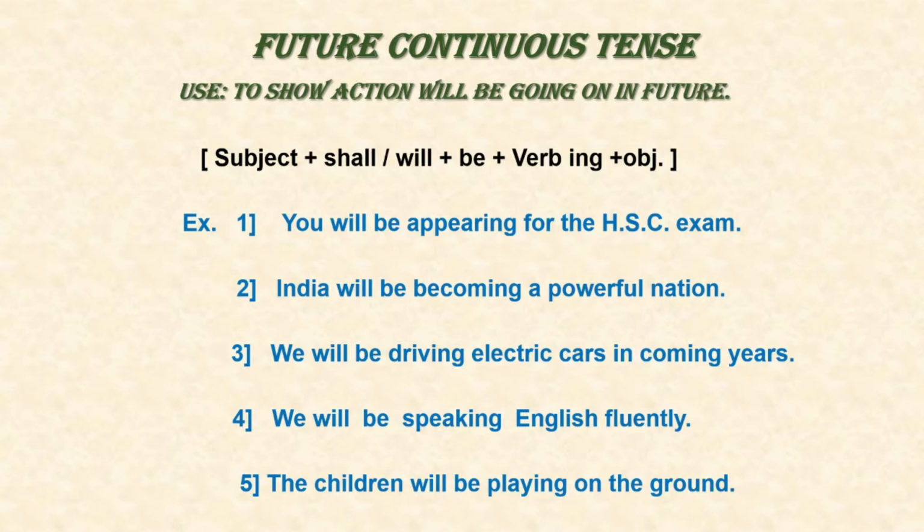In all these sentences you can see the formula: you will be appearing, India will be becoming, we will be driving, we will be speaking, children will be playing. Subject, shall/will be and verb-ing. All these actions of appearing, becoming, driving, speaking and playing will be going on in future. Means what? This will be happening. We hope, we guess that the action will be going on in future.